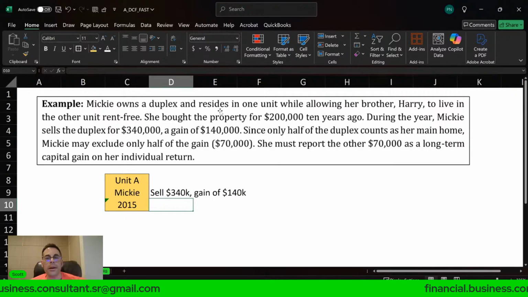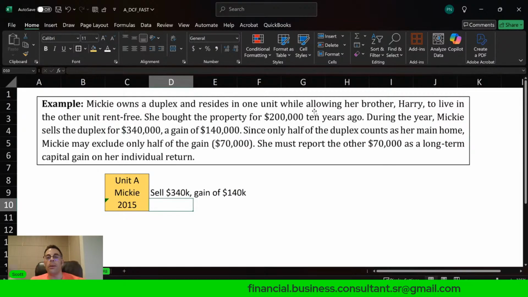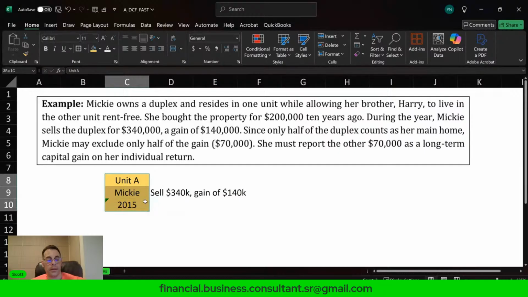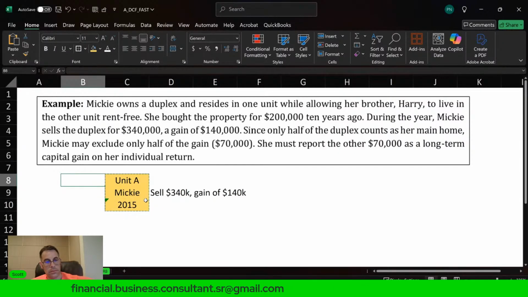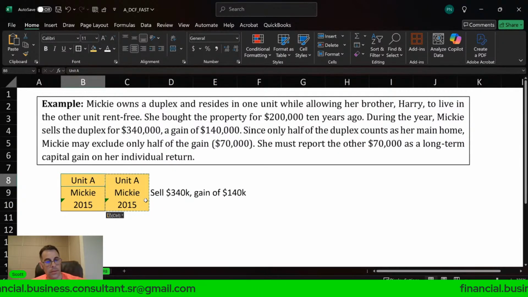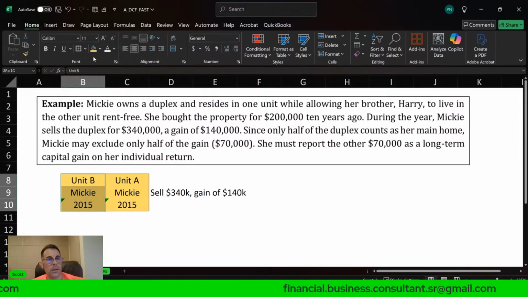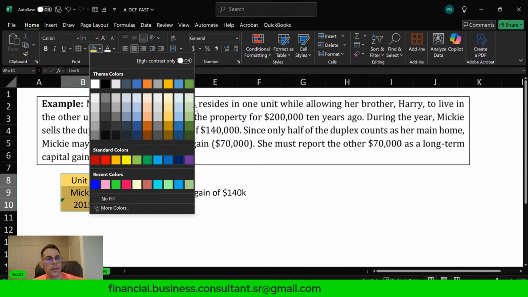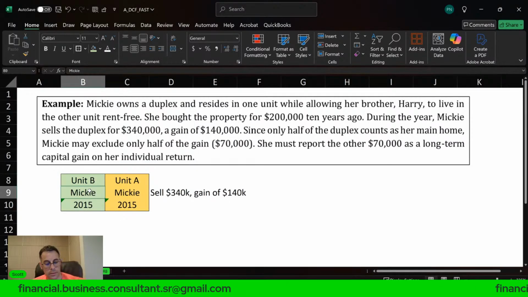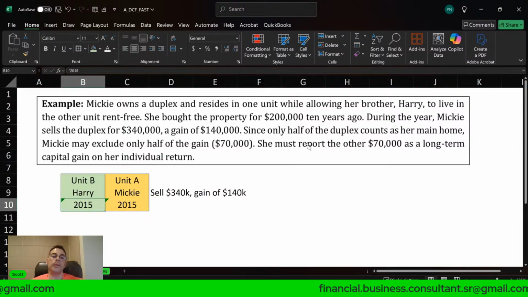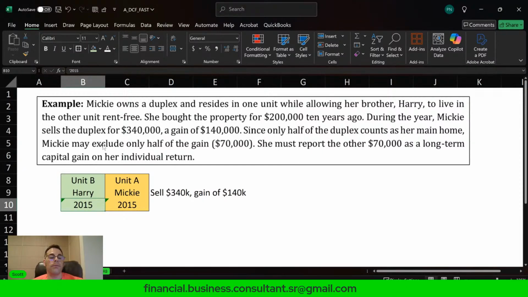Okay, I gotta read it better. Mickey owns a duplex and resides in one unit, while her brother Harry lives in another unit for free.